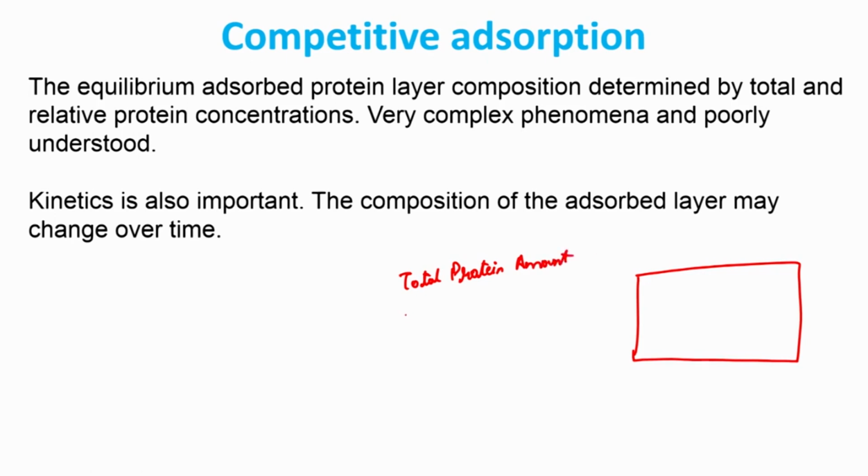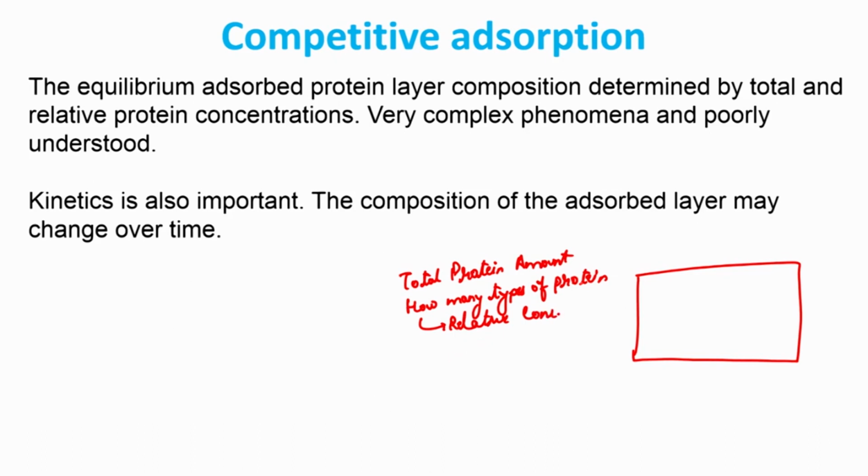It depends on how many proteins are there, how many types of proteins are there, then it will also depend on what are their concentrations. So, of course, not all proteins will have the same concentration, some will have very high, some will have very low, their relative concentrations, and then the kinetics also becomes important.